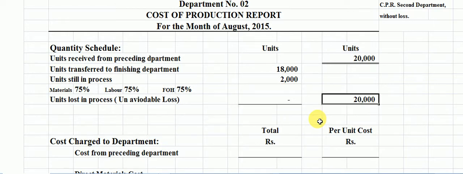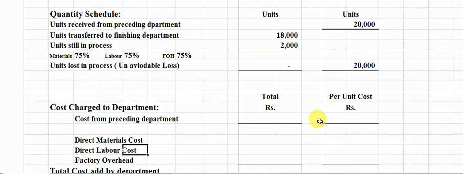Now students, this is the 20,000 units which is matched with this amount. Then we move to the second section, cost charged to department. Here cost from preceding department is 60,000 rupees.